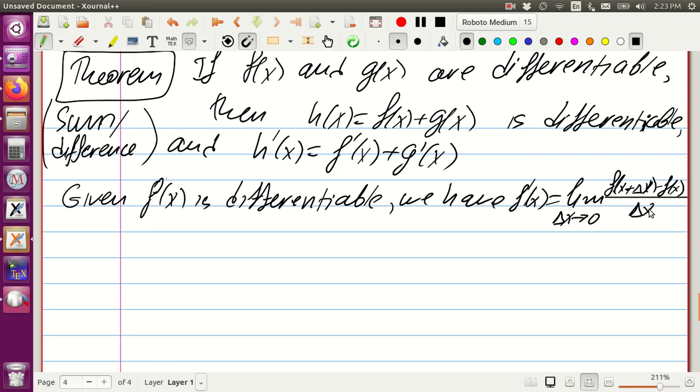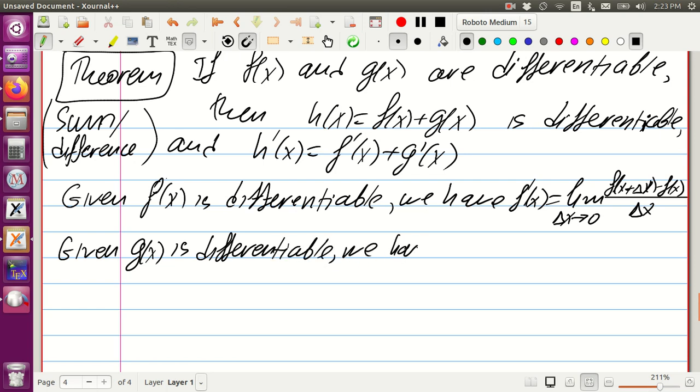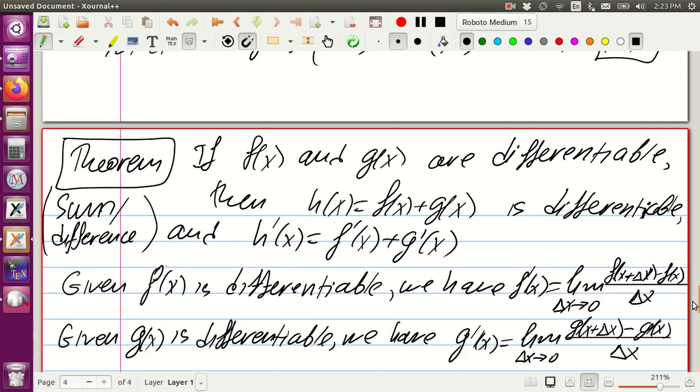Because the function is differentiable, this limit exists. And given g of x is differentiable, we have g prime of x equal to the limit as delta x goes to 0 of g of x plus delta x minus g of x divided by delta x. So this is only given from the statement of the theorem.